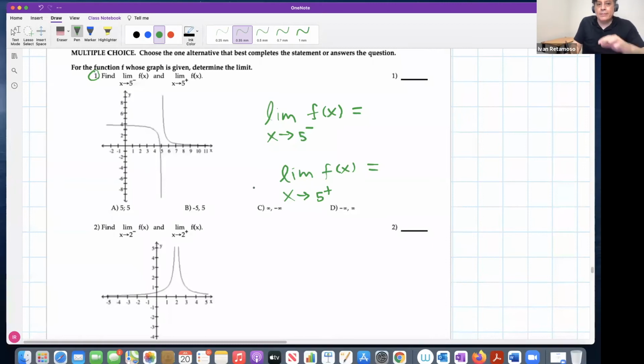One-sided limits, right? Hint for the first one, from the left, this is 5 here, so try to see where this is going. And for this one, try to see where this is going. And then make your conclusion.